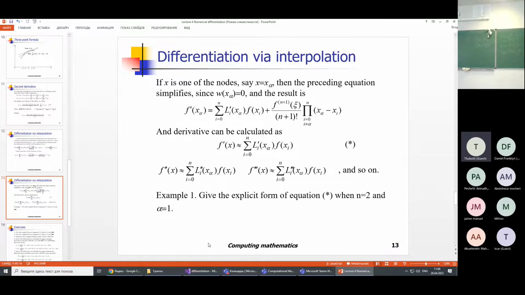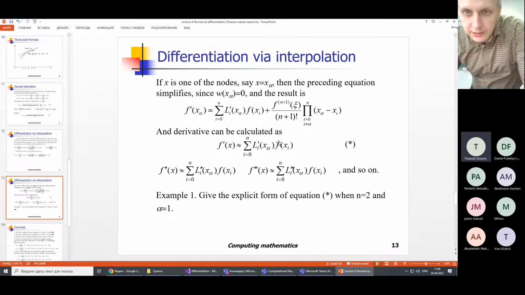The derivative of a function approximately equals the sum of the derivatives of auxiliary polynomials Li multiplied by the function value f of x.